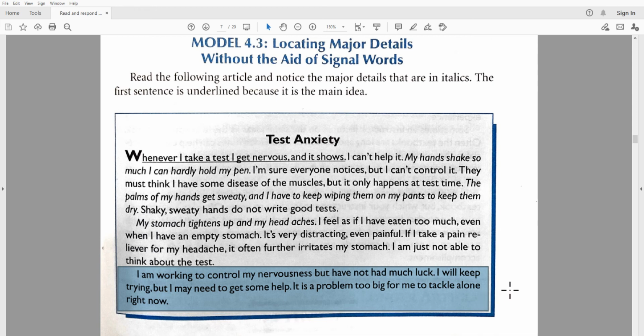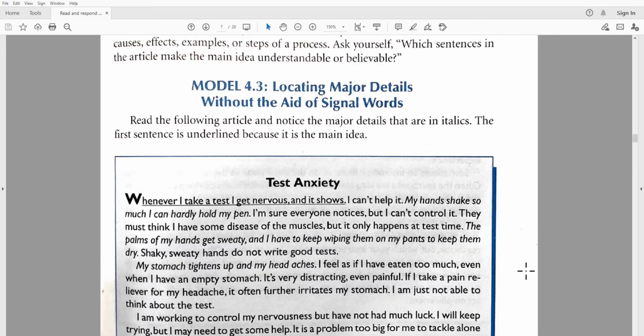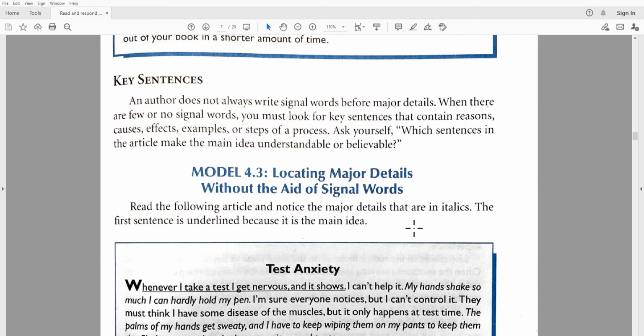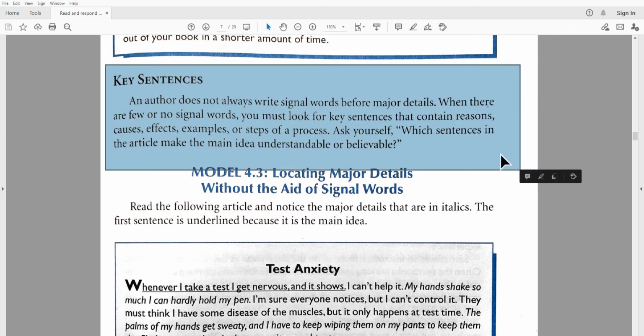So that's how we can take some notes on an article and find major details when signal words are not provided, but instead we have key sentences. And key sentences are items which provide reasons, causes, effects, examples, and steps in a process.